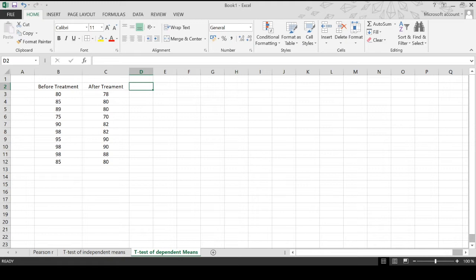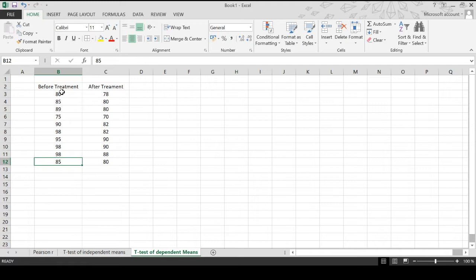I have here an example with before treatment and after treatment. Let's say these are the weights of 10 women who wanted to try out a slimming pill.